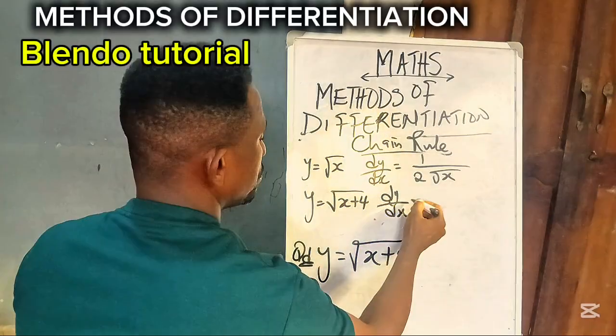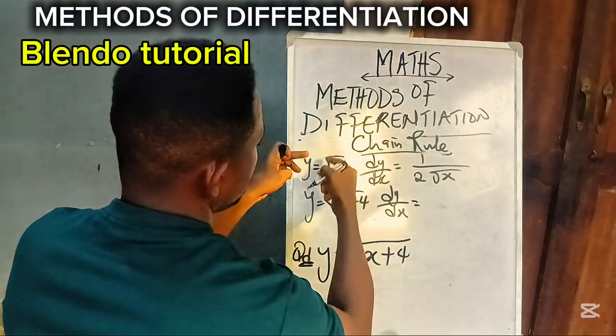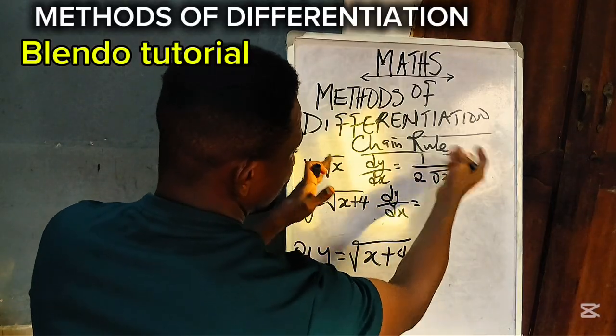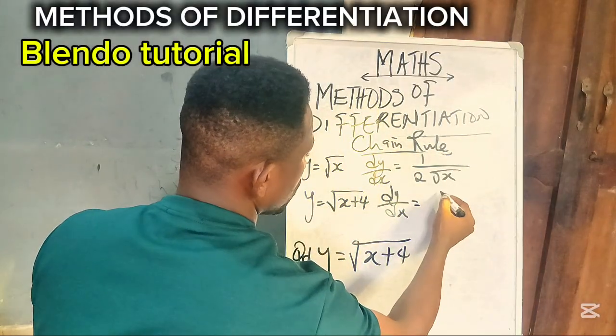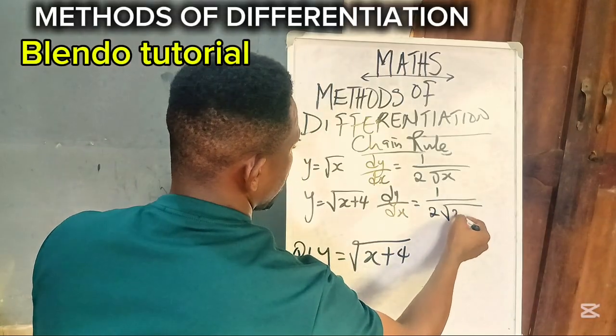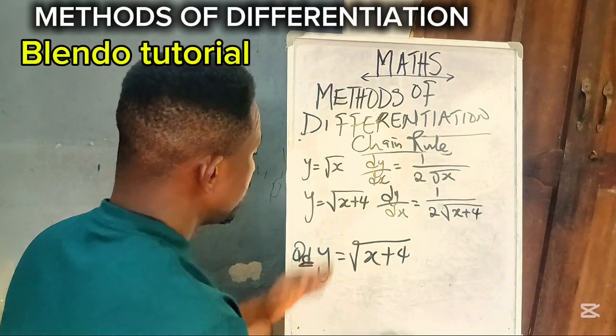All you just need to do is apply this method. If this is root x, here is root of x plus 4, this is dy/dx of it. You take the structure, which is what? 1 over 2 root of x plus 4. Have you seen it? Then you now come inside.